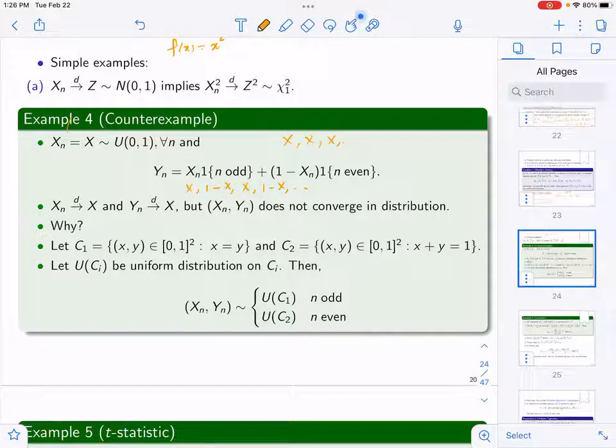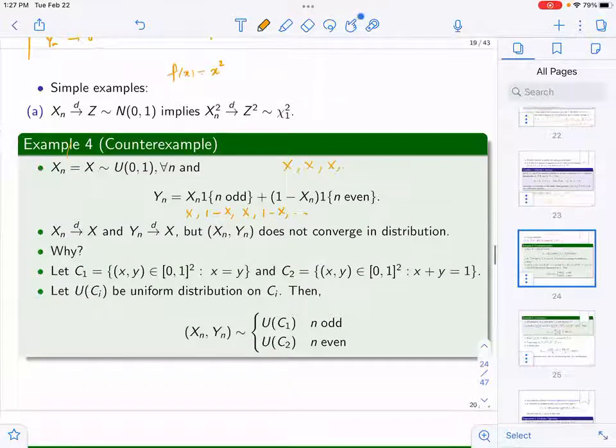So x_n converges in distribution to X, which should be obvious. Y_n also converges in distribution to X. Why? Yes, 1 minus X basically has the same distribution as X. It's uniform 0, 1.